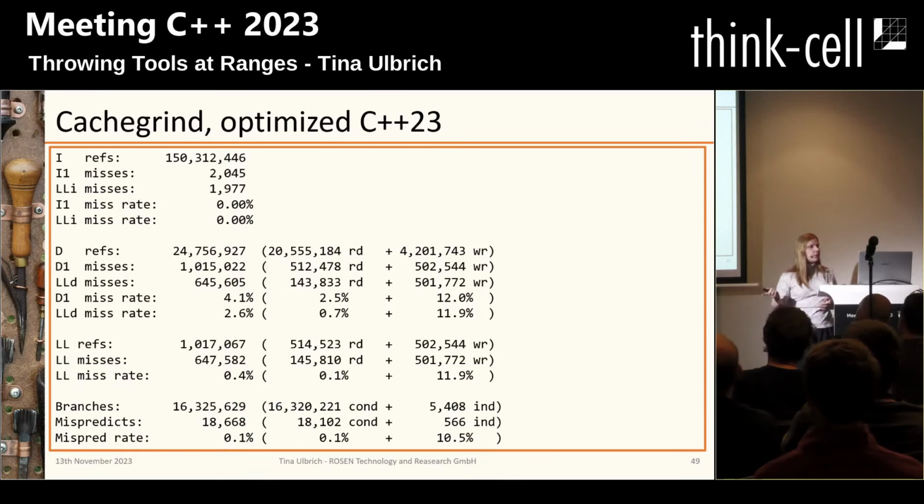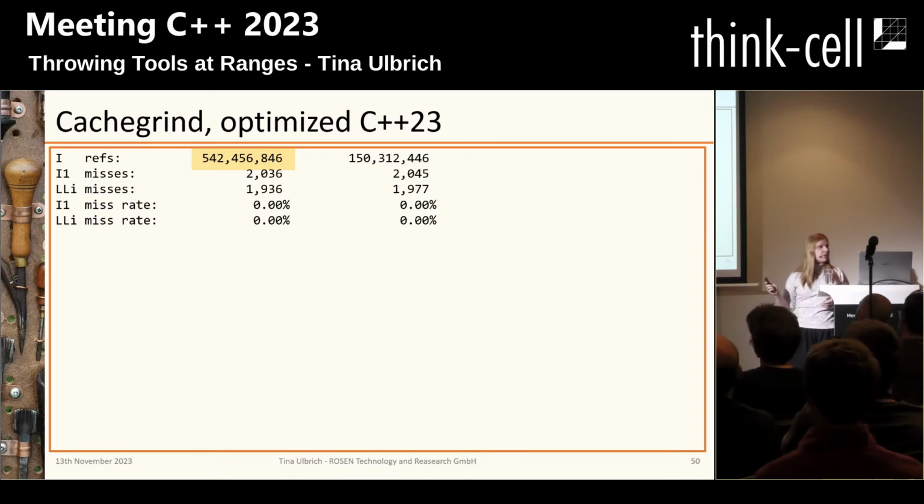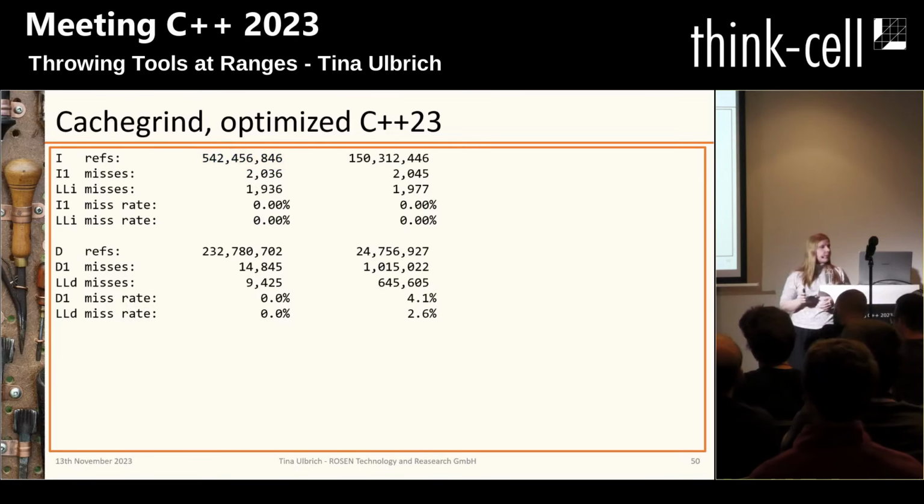And now this is the optimized C++23 version. If we compare that, we simplified the program a lot for the instruction caches, because now we have to execute way less. What went down is the data refs. They went down a lot, but the data misses went up. This actually makes sense because now we created a temporary vector.